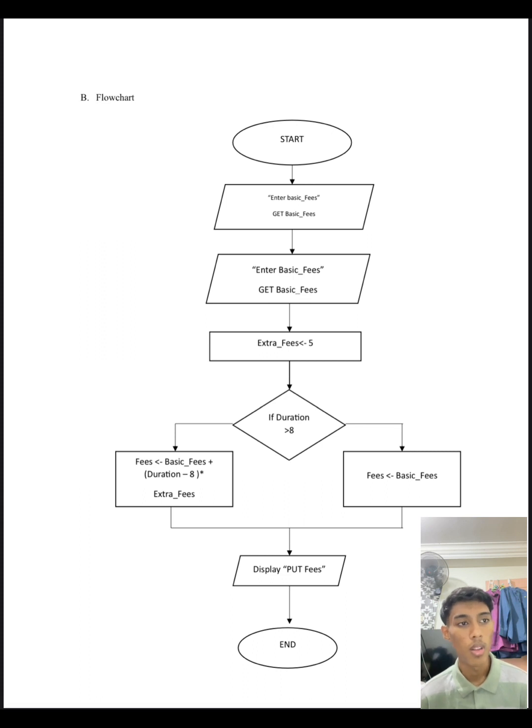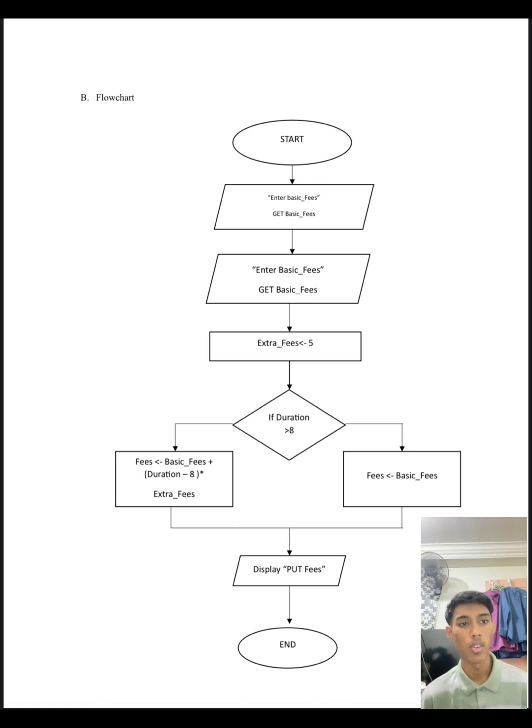Each symbol has its own function. The first one is the oval symbol, in which you must put either start or end. The function of the oval is to represent a start or end point. Next is the arrow.